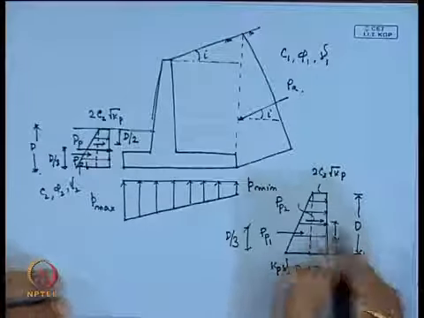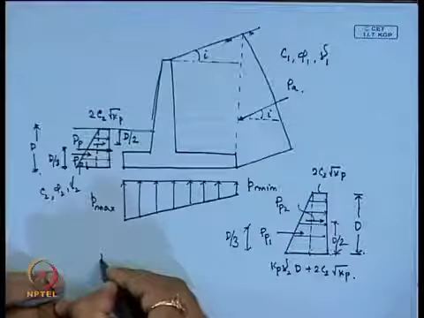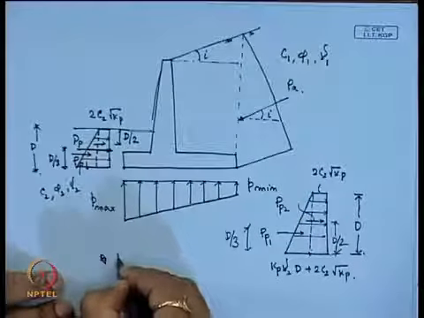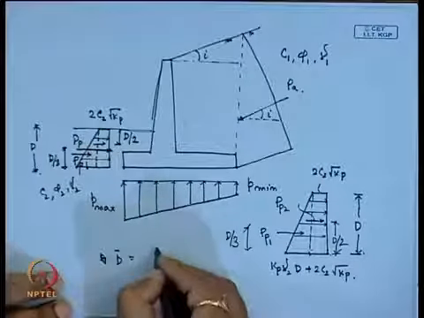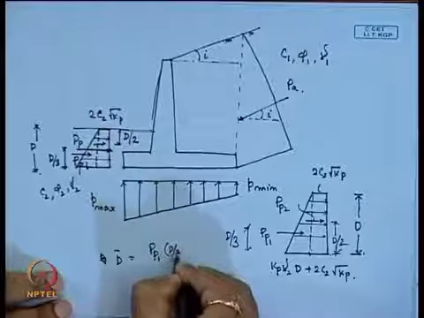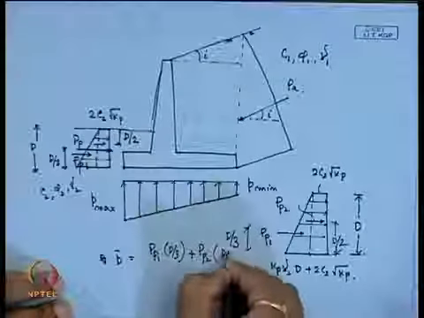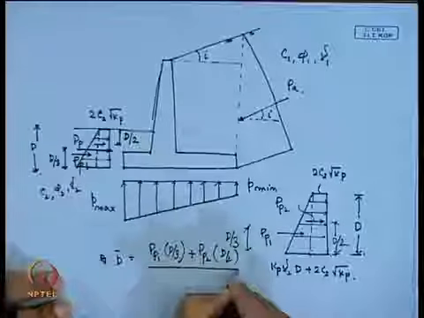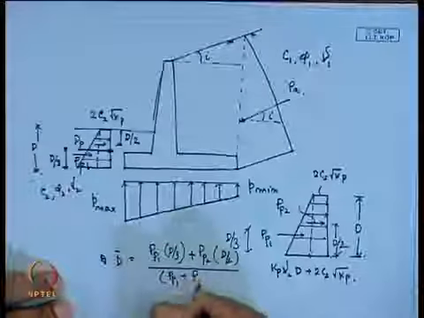the point of application. Suppose H bar or D bar is the point of application of this passive force, then we can determine that it is P P 1 into d by 3 plus P P 2 into d by 2, divided by P P 1 plus P P 2.